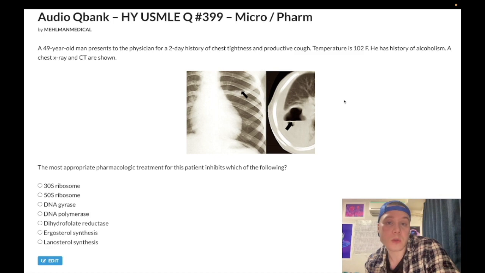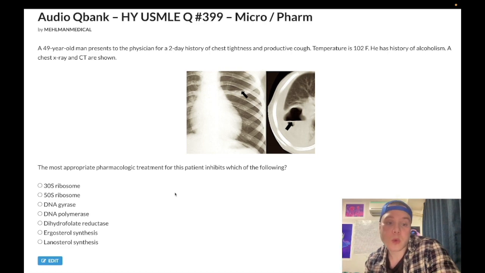USMLE wants you to know that pulmonary abscesses are usually normal oropharyngeal flora, okay? It's going to be polymicrobial, mixed gram-positive cocci, Peptostreptococcus, with gram-negative rods, Mobiluncus, Bacteroides. Bacteroides, super important, okay? It's a gram-negative rod, anaerobic.